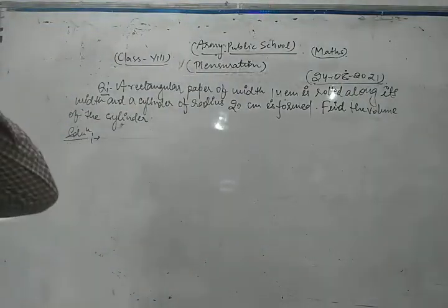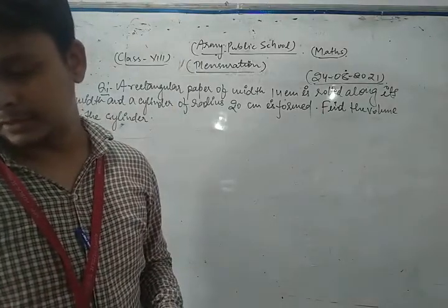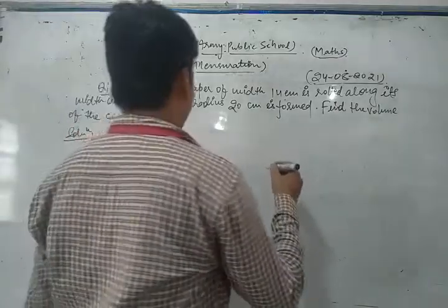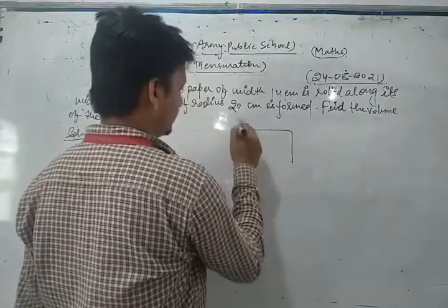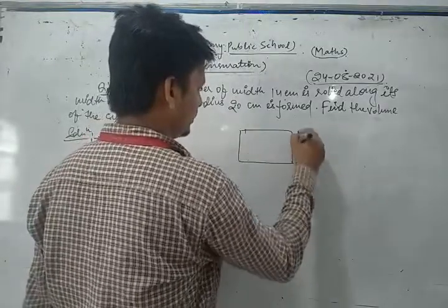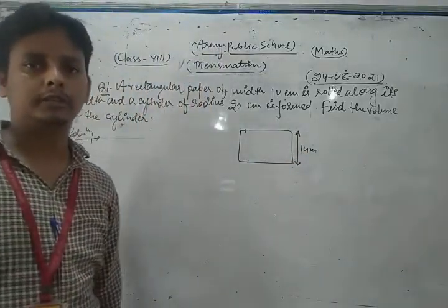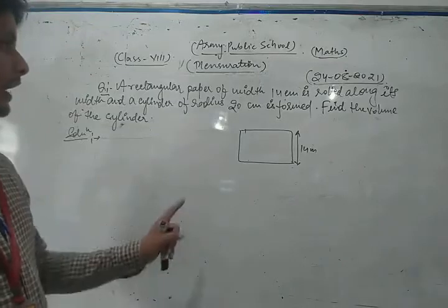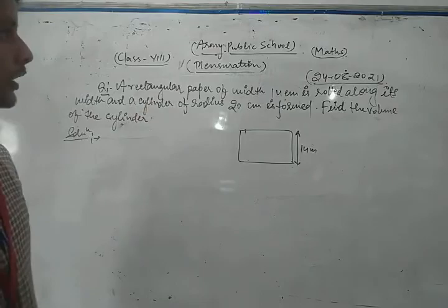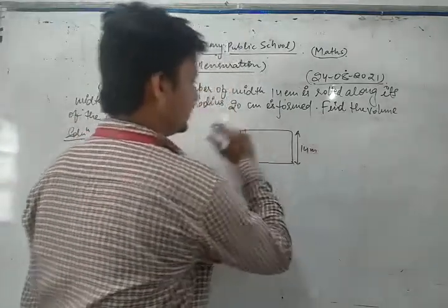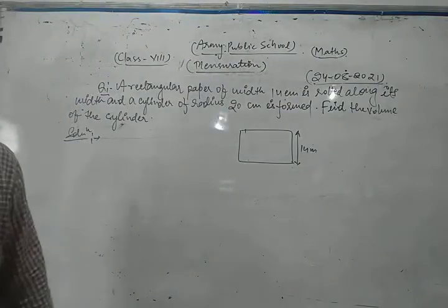Now look, the question is a rectangular paper of width 14 centimeter. Suppose this is the rectangular shaped figure of width 14 centimeter, and according to the question, that paper is rolled along its width and a cylinder of radius 20 centimeter is formed.